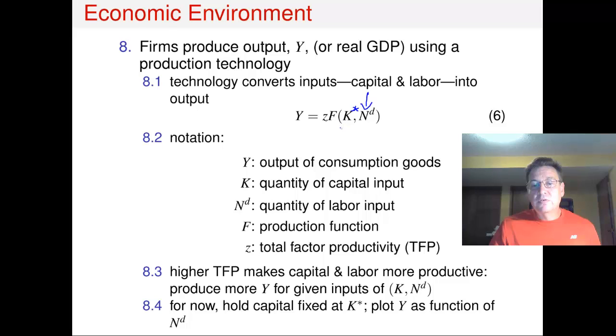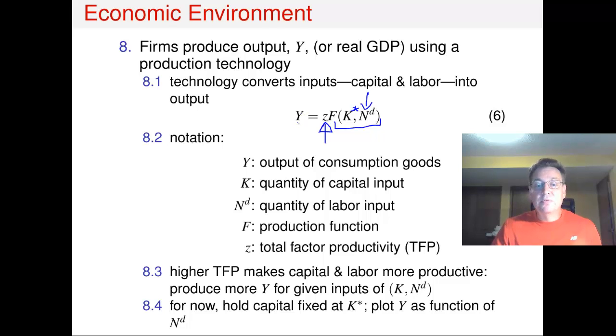What this equation says is that firms hire some number of workers, or some number of hours of workers. They combine those workers with their fixed capital stock in this production technology. And then that gets hit by this rather important little variable called Z, which is total factor productivity.